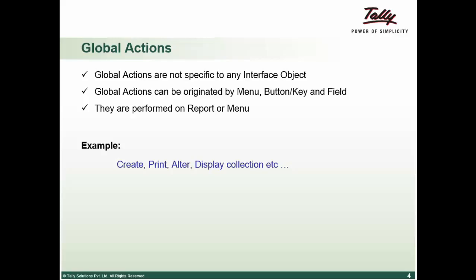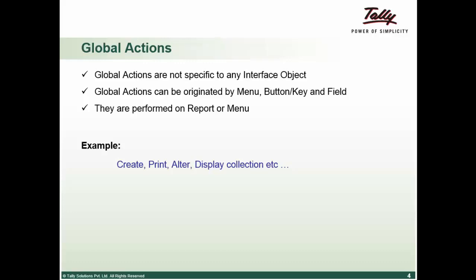When I say create, it creates an object and it opens a report. Execute, alter, menu. So when we write menu, it opens a menu. They perform the action specified irrespective of the user interface. The global actions are performed on a menu or a report.